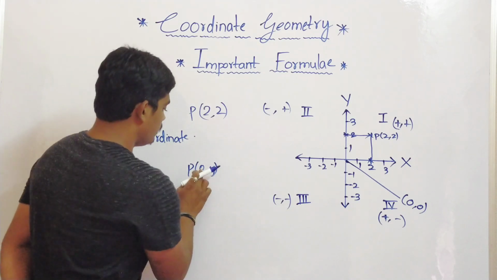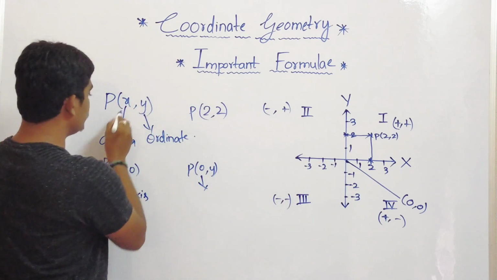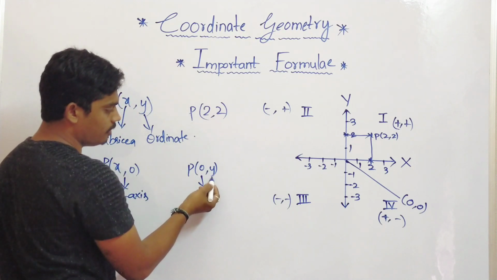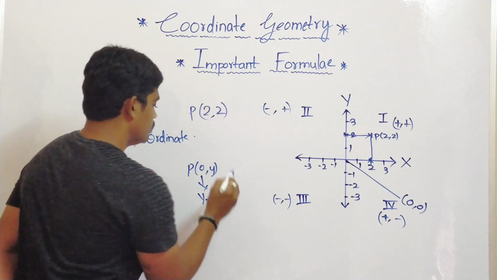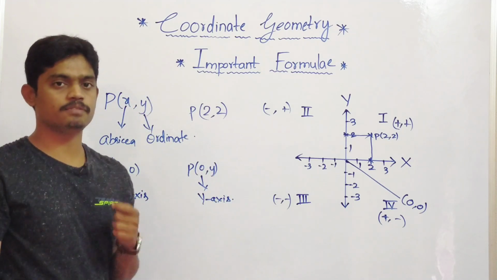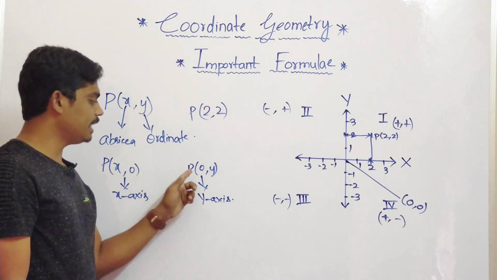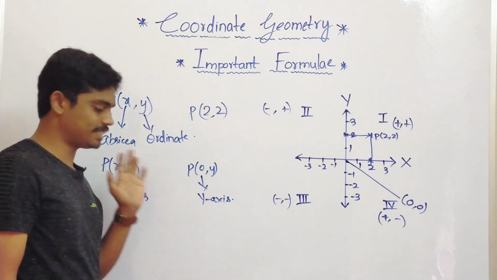And here the x coordinate is 0. As I have already said, the x coordinate is nothing but the distance from the y-axis. As it is 0, the point always lies on the y-axis. So remember simply, any point with y coordinate 0 will always lie on the x-axis, and every point with x coordinate 0 will always lie on the y-axis.